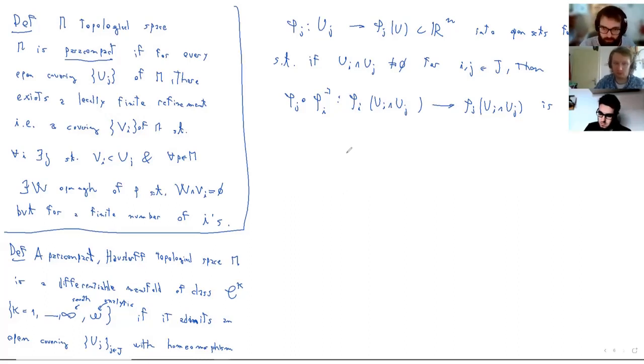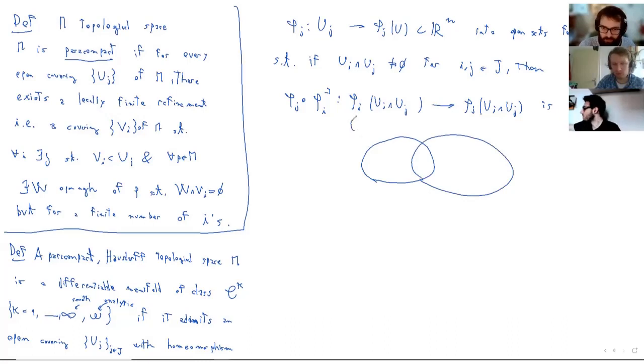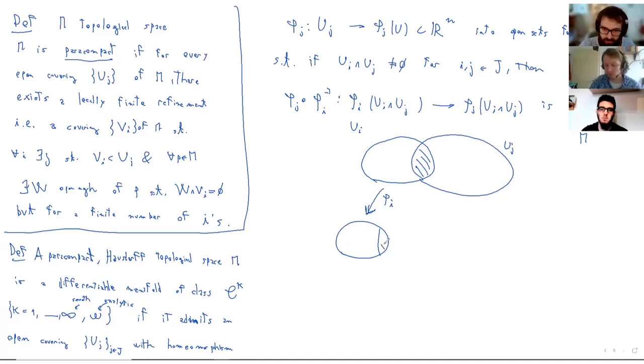Okay, and then we'll just do a quick drawing, which again you've probably seen many times. So here we're in M, this is our U_i, this is our U_j, this is our intersection, and here you have your phi_i, and this is now just an open subset of R^n, and here you have your phi_j, and here you have your other open subset of R^n.